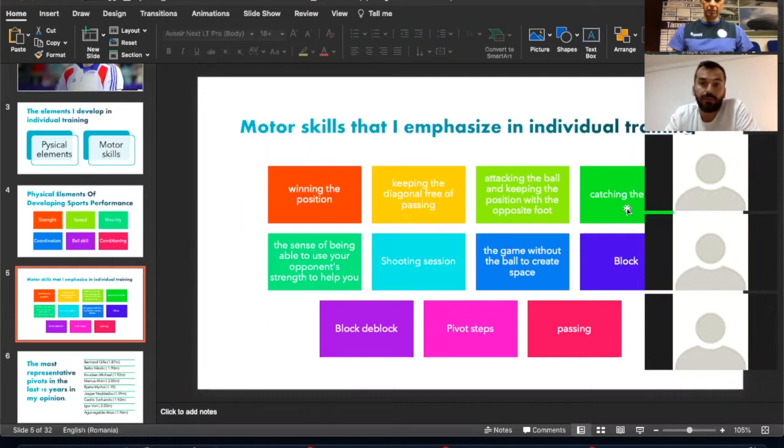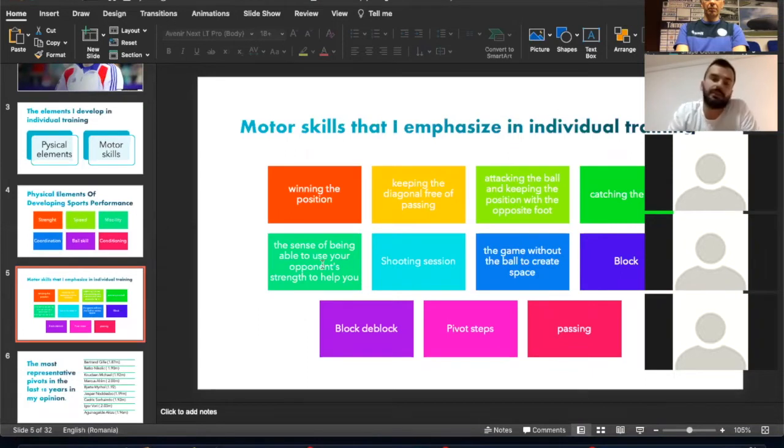Catching the ball, having good skills to catch the ball and good reflexes for that. The sense to be able to use your opponent's strength to help you.